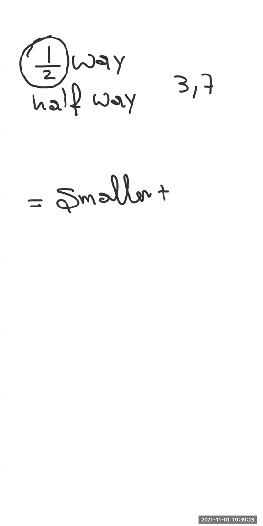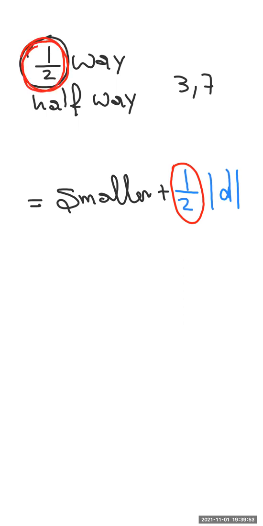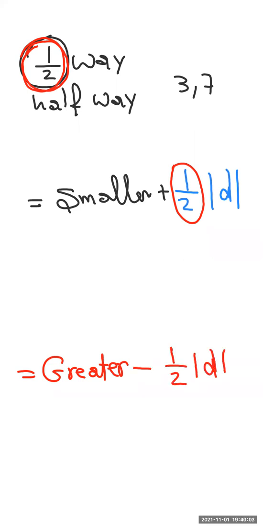Now, the number halfway between 3 and 7. We said that there is one rule from the side of the smaller: smaller plus half the absolute value of the distance. Here we wrote half because we want to get the number on the halfway. Or otherwise, we can get the number from the side of the greater: greater minus half the absolute value of the distance.